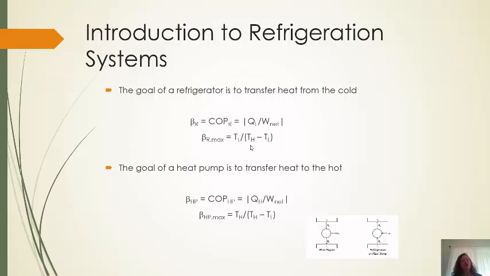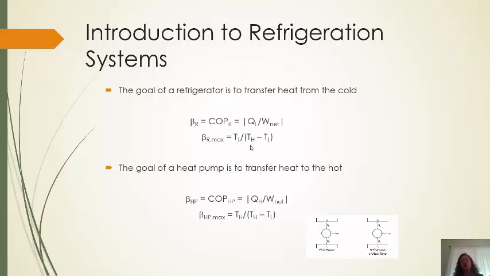We sometimes choose to use the refrigeration system to heat something that's already hotter than the surroundings. So the goal of a heat pump would be to transfer heat to the hot surroundings, from the colder surroundings.